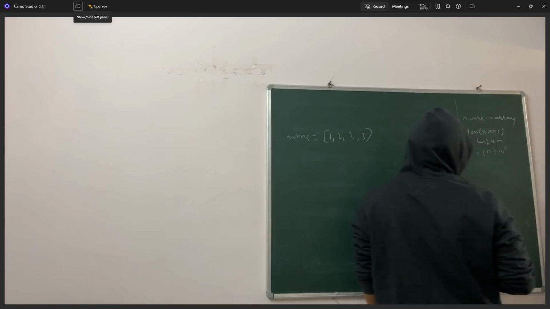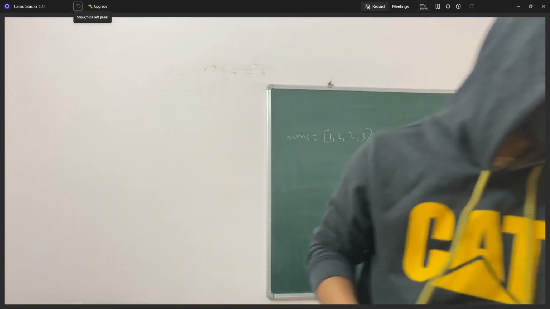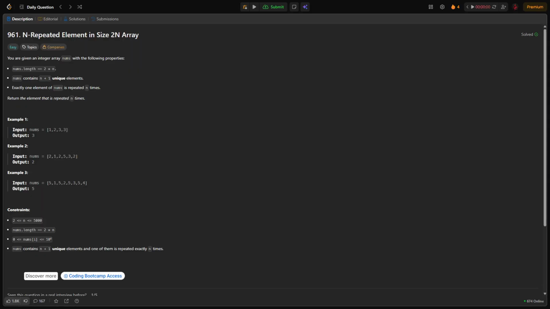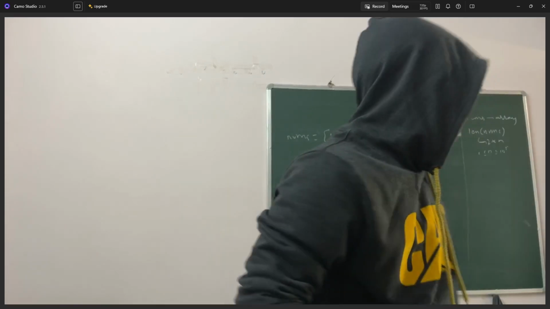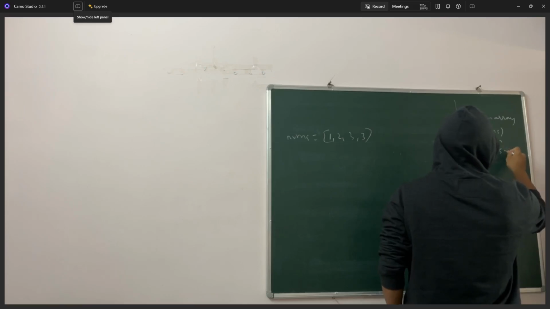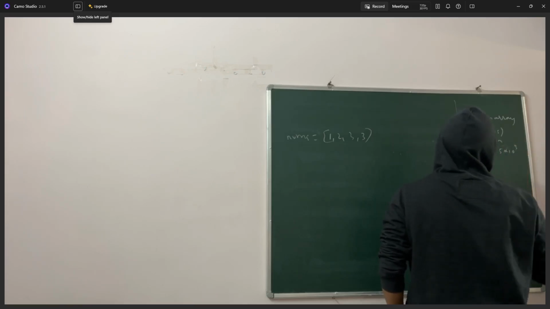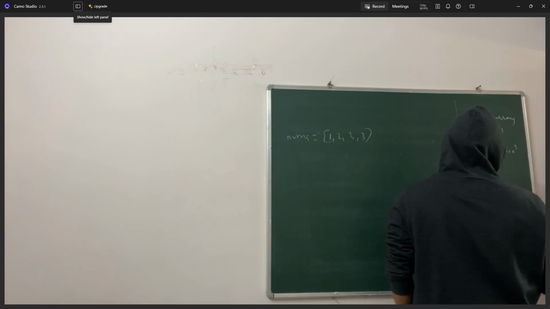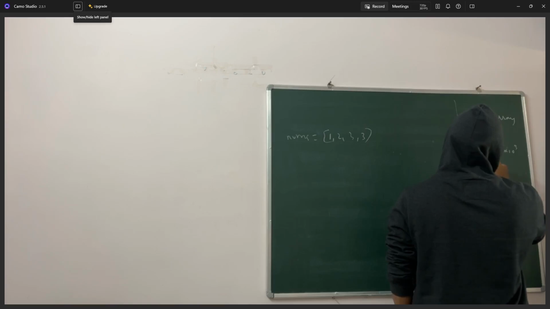Let me see what constraint they've given. N is 5 into 10 power 3, not 10 power 5. So they're saying we have n plus 1 unique elements, unique elements or integers, you can say.